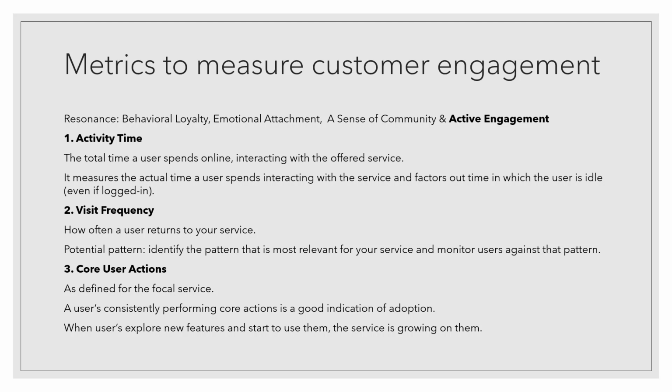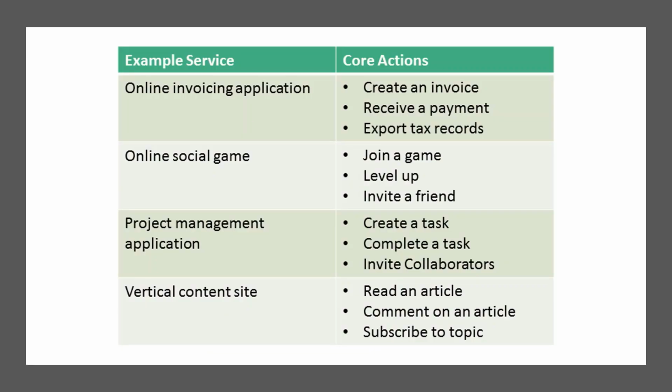So I will show you some examples of core actions of a digital or online service. There are 4 different types of services here. For example, online social game. You can measure core actions like joining a game, leveling up, and inviting a friend.